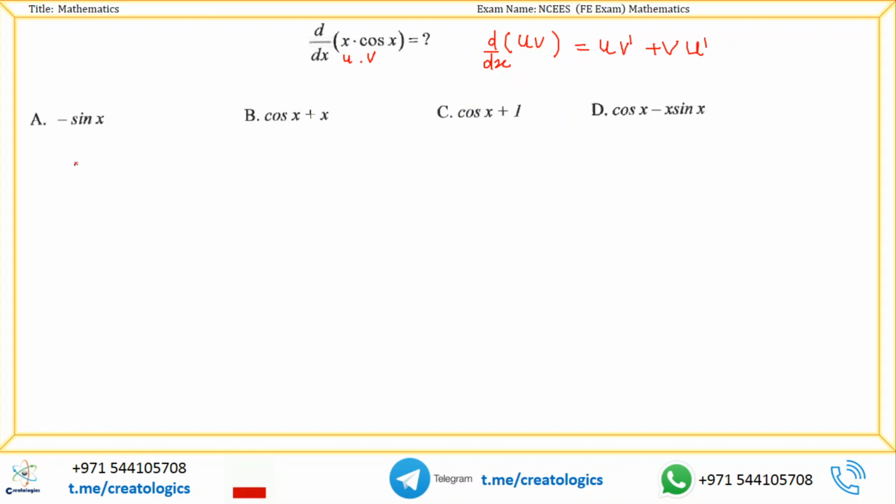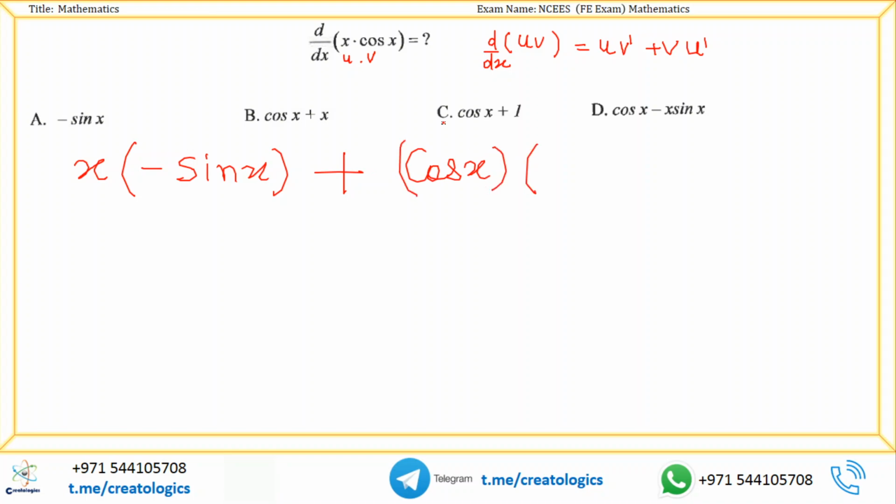So you will get x as it is. You have to differentiate the cosine x, and what is the derivative of cosine x? That is negative sine x. Then take a plus sign. This time cosine x as it is, meaning your v part as it is, and differentiate the x. The derivative of x is 1 obviously. So what you are getting?